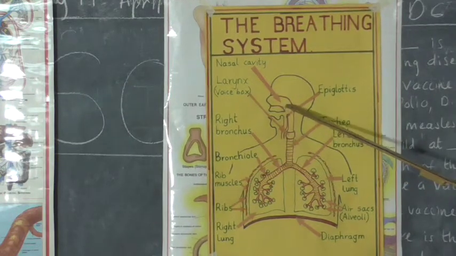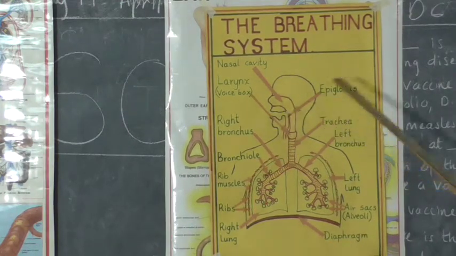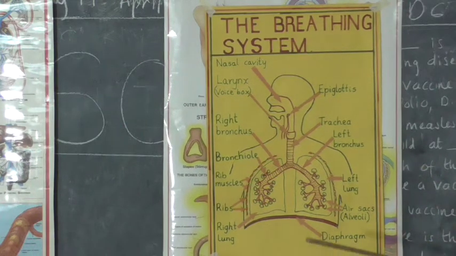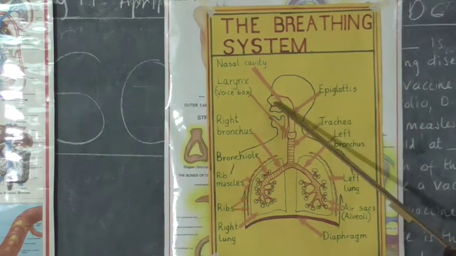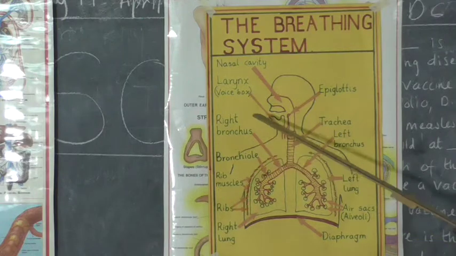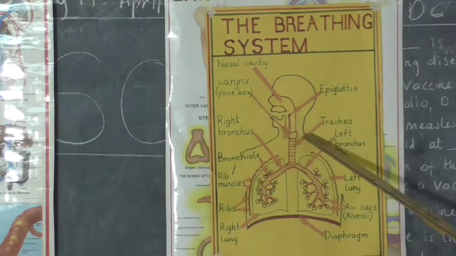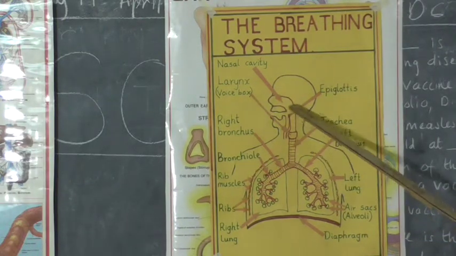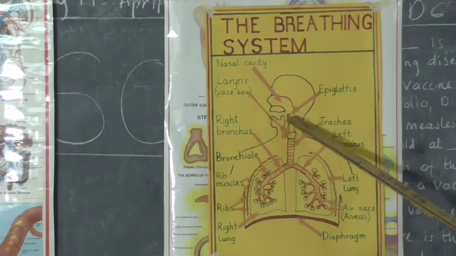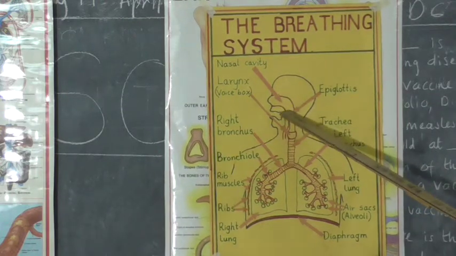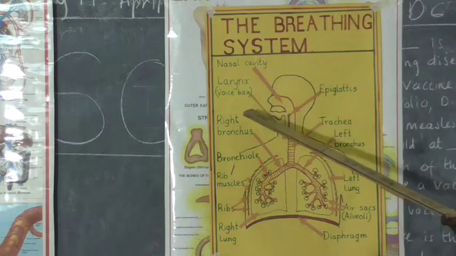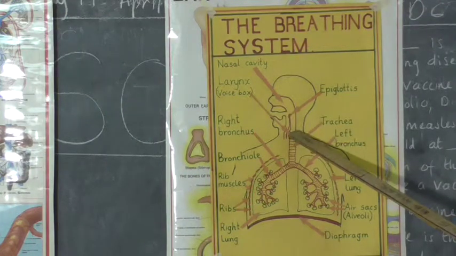So that air is made moist in the nasal cavity. Like I mentioned, the nasal cavity has four major functions. One, to direct air in. Two, to clean the air with the help of cilia, which are the hair structures in the nose. Three, to make the air moist using the mucus.